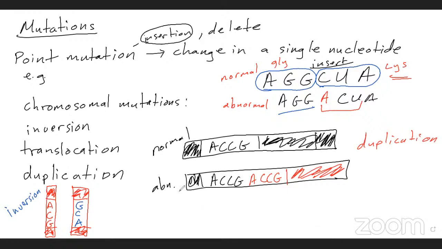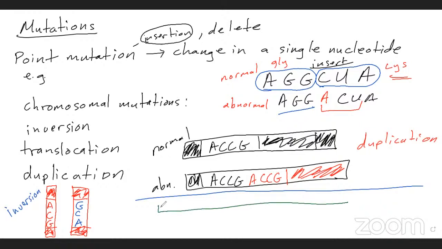All right, so let's see if we can do that here now. So we're doing translocation. ACC. I'm going to cut out ACC, all right? So this is normal. Hold on.